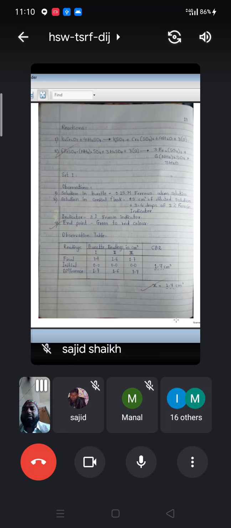Then whatever the nascent oxygen is there, that will react with the ferrous alum solution, that is FeSO4(NH4)2SO4. It is called a ferrous alum solution, ferrous ammonium sulfate.